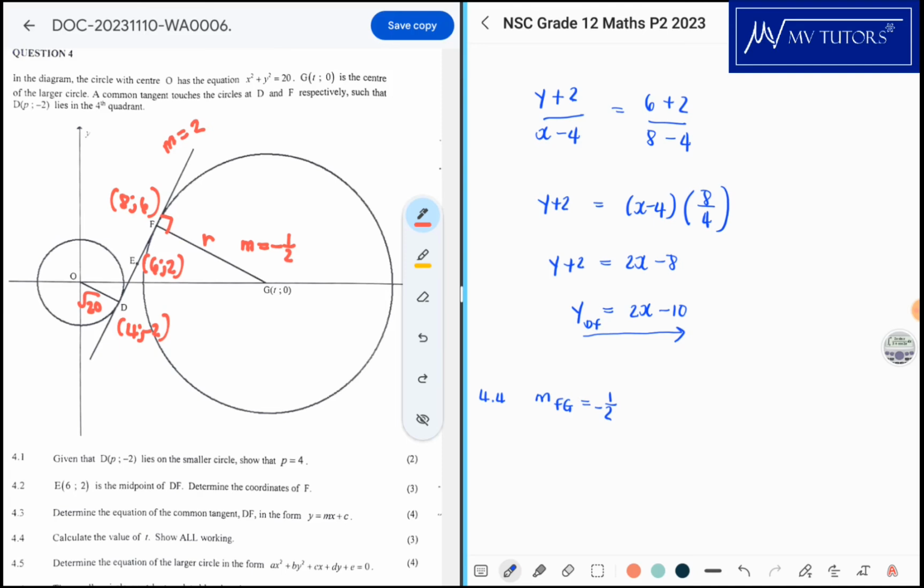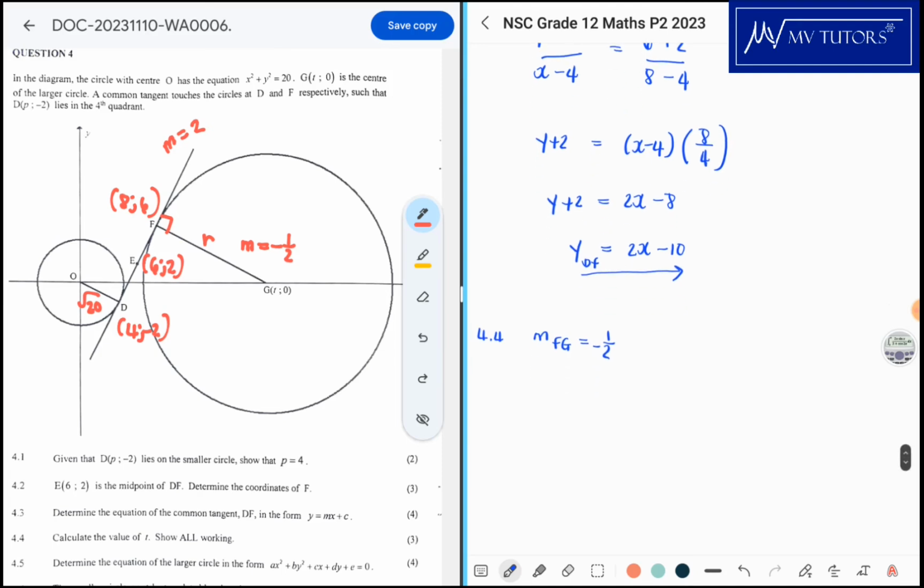Now, how are we going to get t? So what we do have, we have point F, we have point G, with t being our unknown, and we have the gradient. So we can use the gradient equation. The gradient of FG is the y coordinate of G minus that of F divided by the x coordinate of G minus the x coordinate of F. So the gradient, we have it as negative a half.